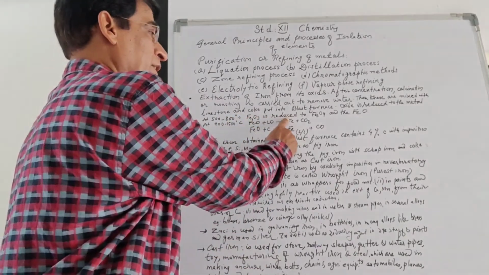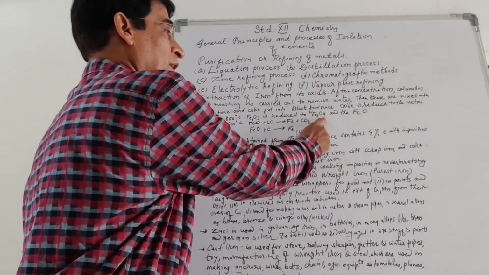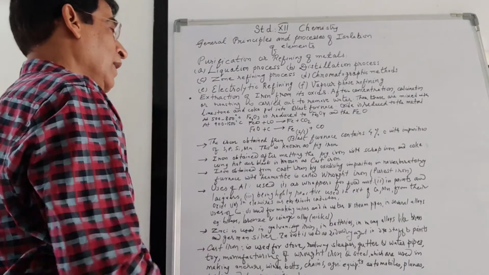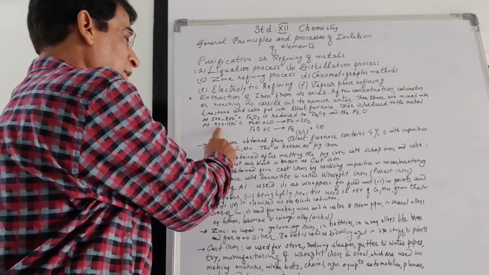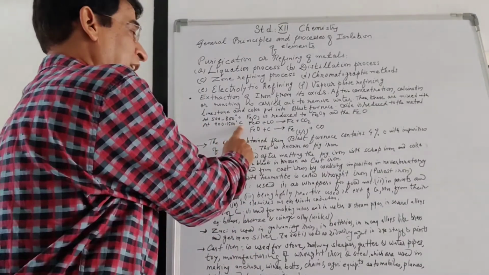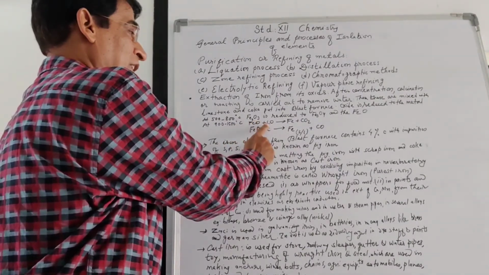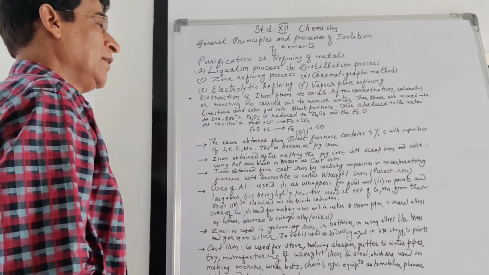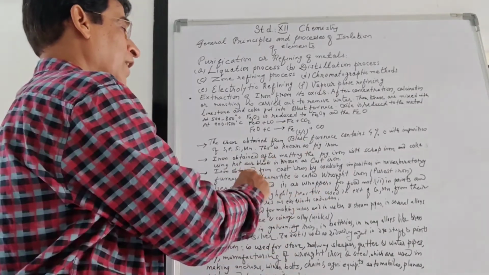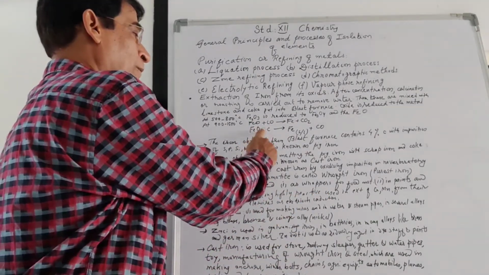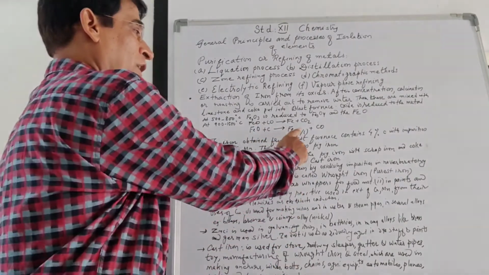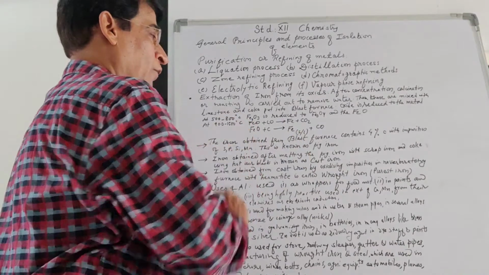Fe2O3 is reduced to Fe3O4 and FeO, and at 900 to 1500 degrees Celsius, FeO plus C gives Fe plus CO, and after reaction of FeO plus C, Fe is obtained in solid form or in liquid form.